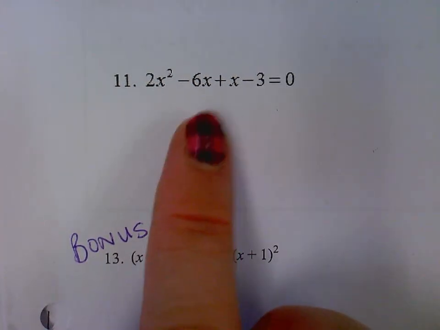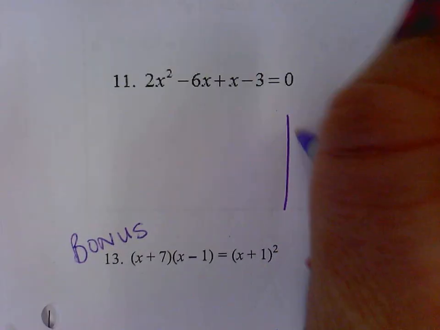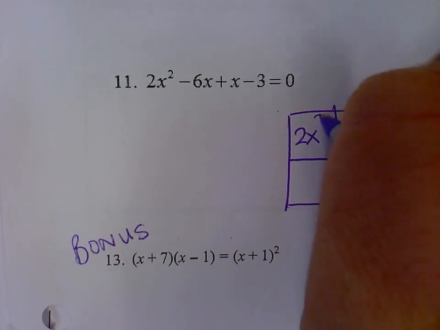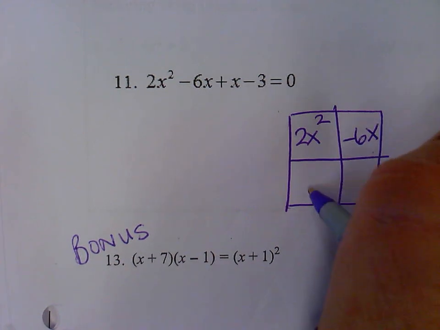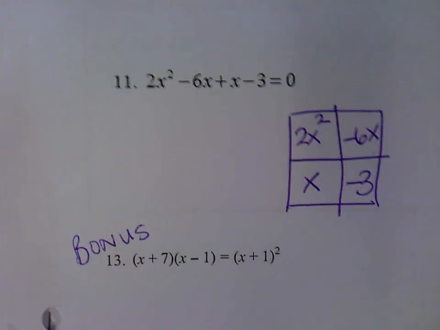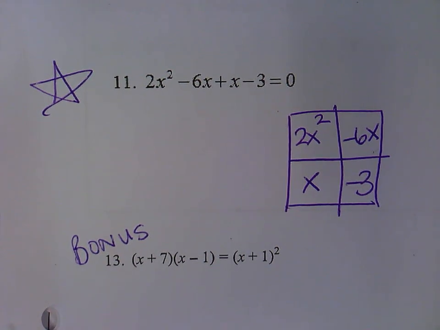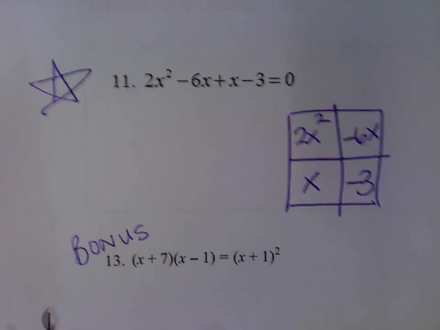But if you've been practicing the box method, you can just stick your 4 pieces inside the box. 2x squared minus 6x plus x minus 3. So could everyone try number 11 as our last problem today? And you actually have to find your factors and solve your factors. So like x equals 7 and negative 1/2 or something. See if you can do 11 as the last one.